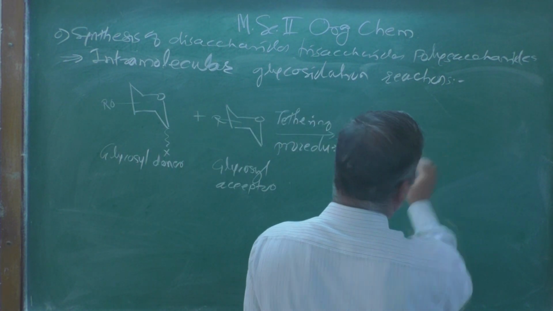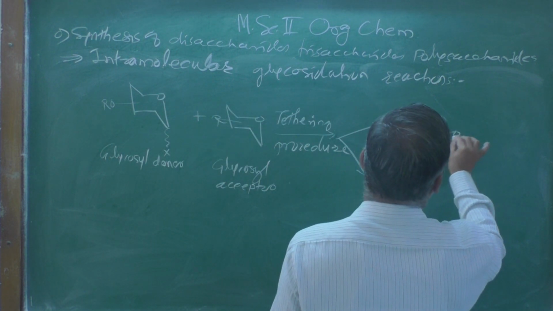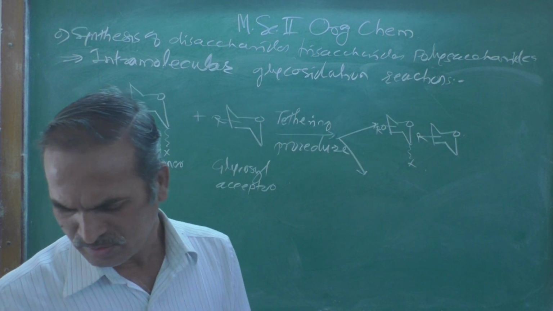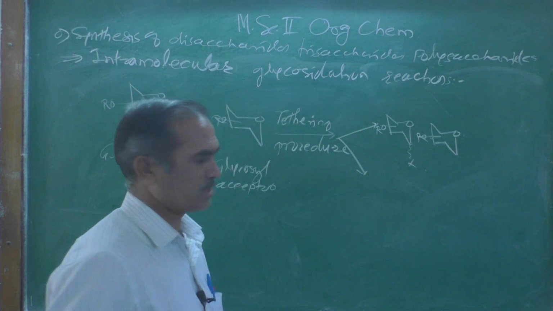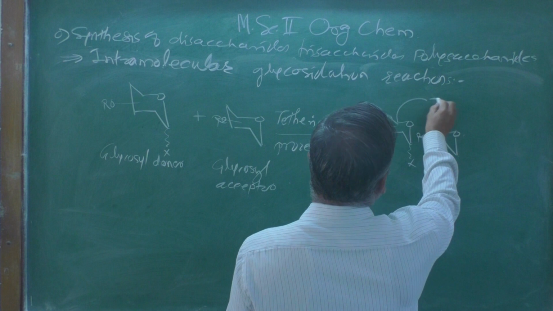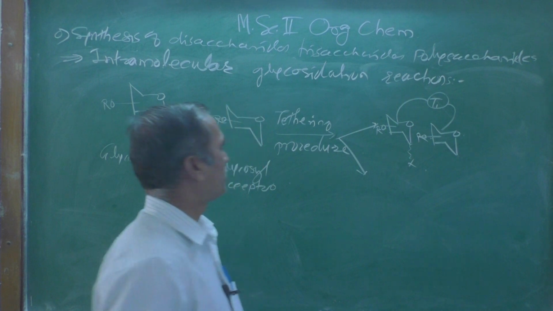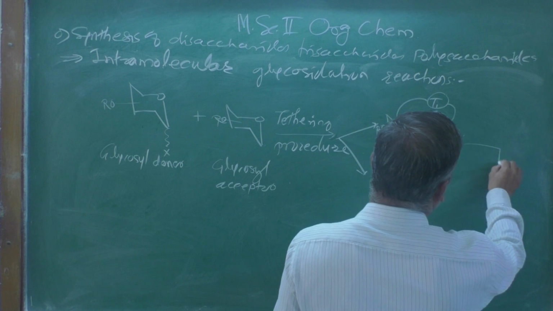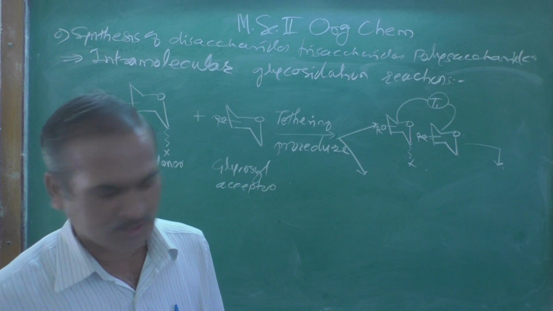Then another structure is shown, where R is generally an RO, an alkoxy type of group. Then T1 is called the tether, and after that there is a process known as the glycosidation process.